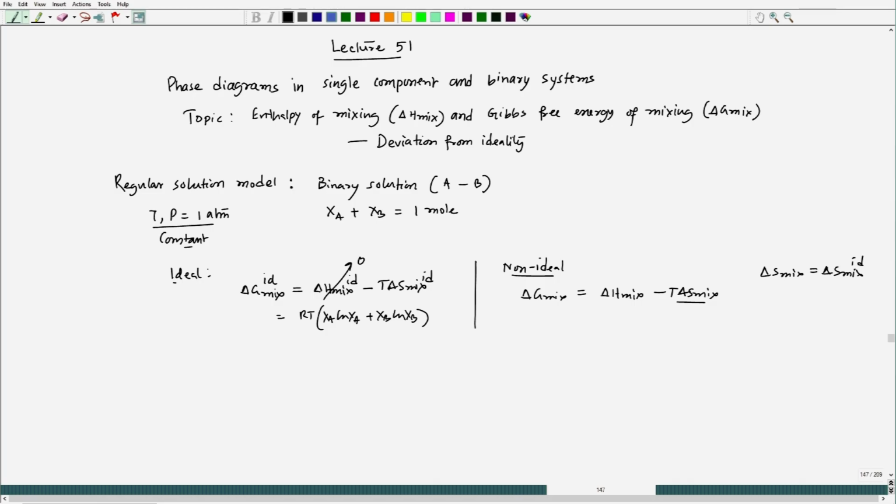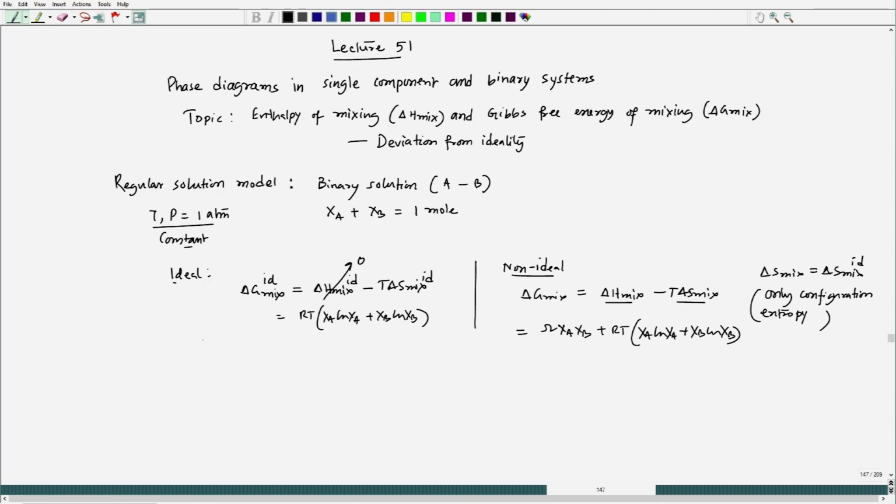So, only the configuration term is there. Entropy is considered. So, then delta H mix is omega X A X B, plus R T times X A ln X A plus X B ln X B.